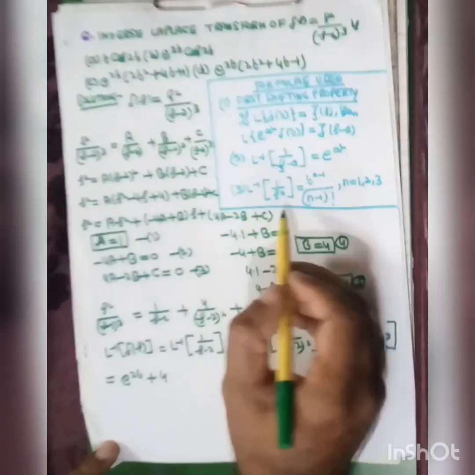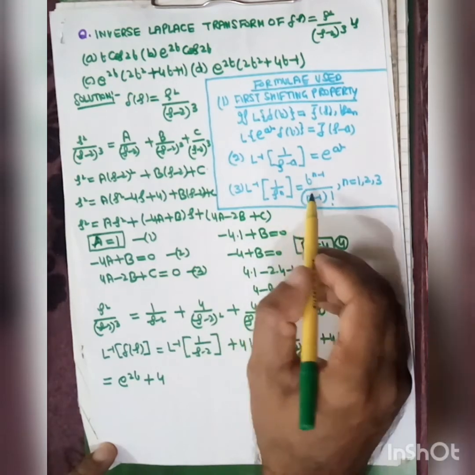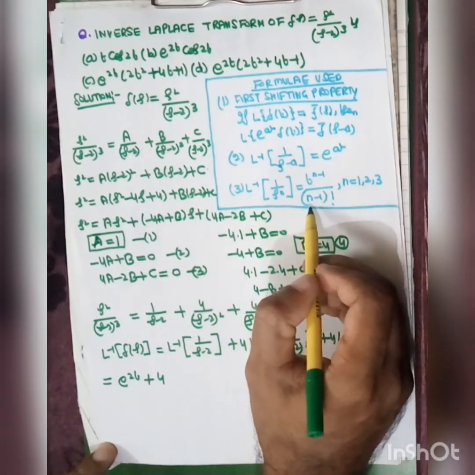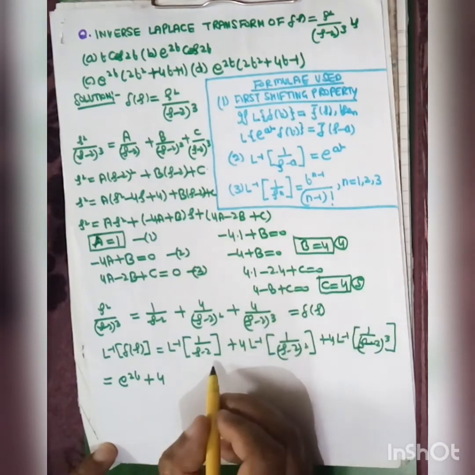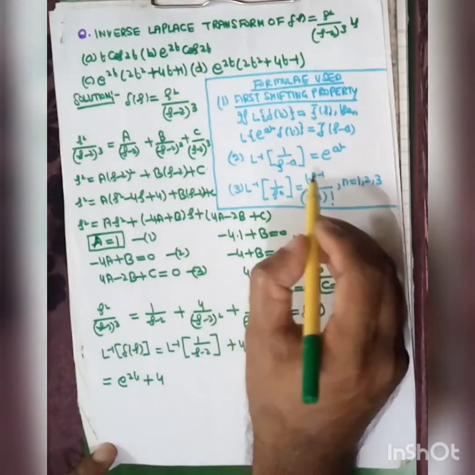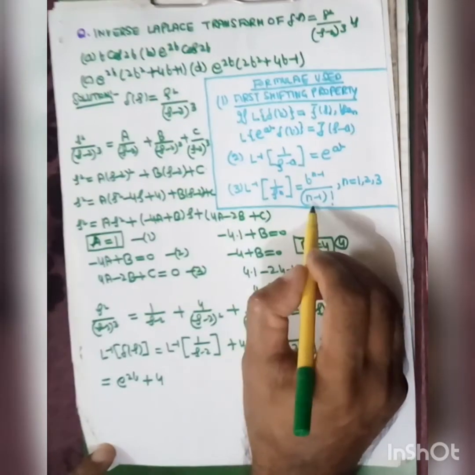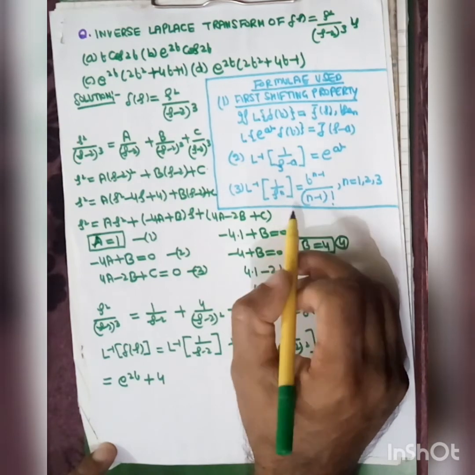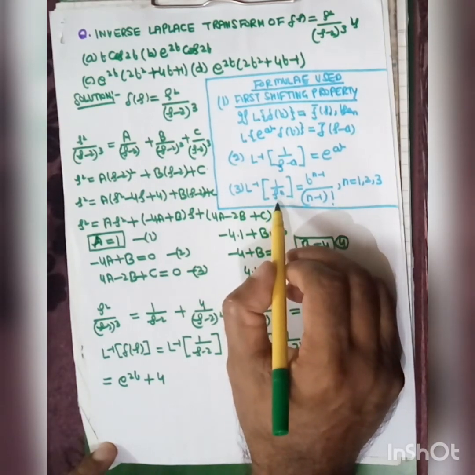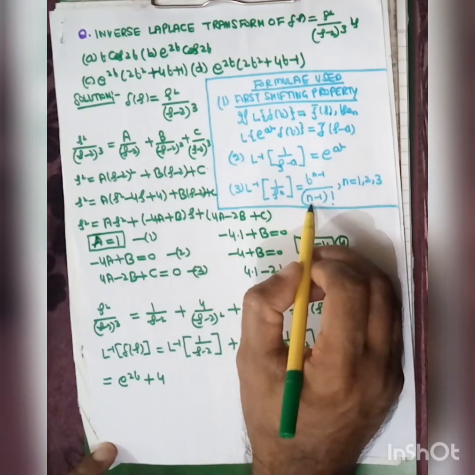Inverse Laplace transform of 1 upon s to the power n is equal to t to the power n minus 1 divided by factorial n minus 1.